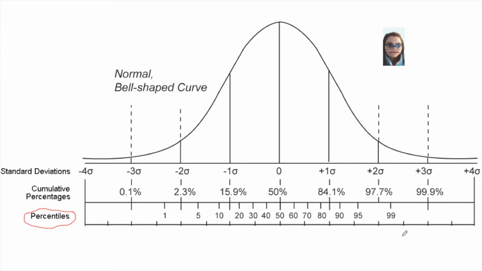For example, if you find that you score in the 84th percentile on a test, and per this normal curve here, you are exactly 1 standard deviation above average, which estimates that you rank higher than 84% of the population. In other words, 84% of the population are below you on this spectrum.